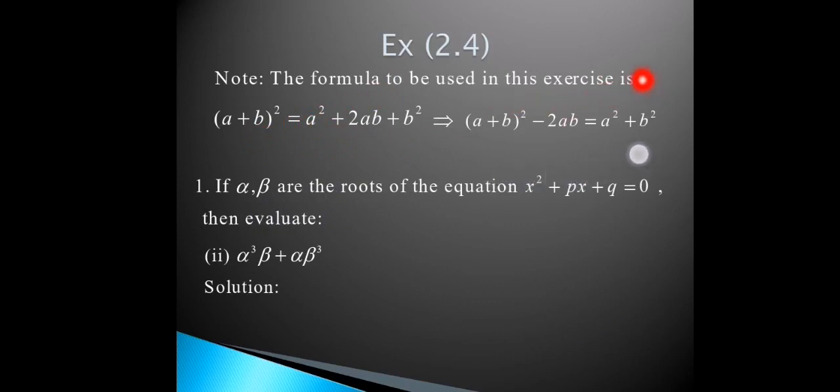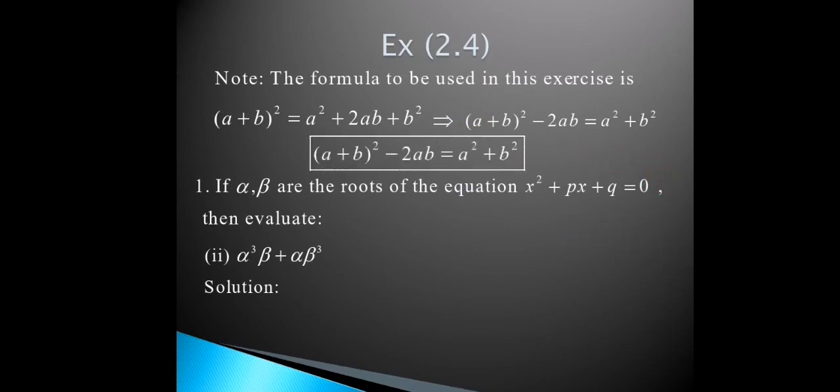So in this exercise we will have sums in which alpha and beta would be given in the form of alpha square plus beta square, and we will have to replace them by this one, (a plus b) whole square minus 2ab. So this is the main thing which we will have to keep in our mind.